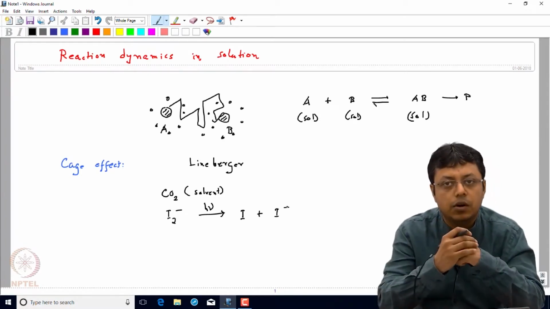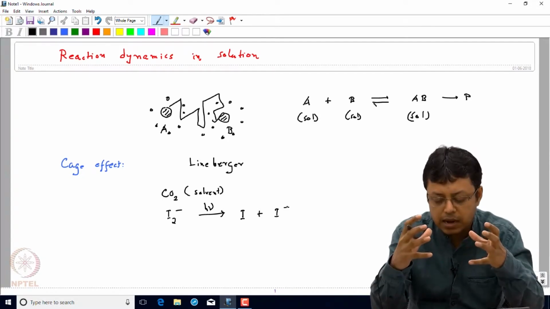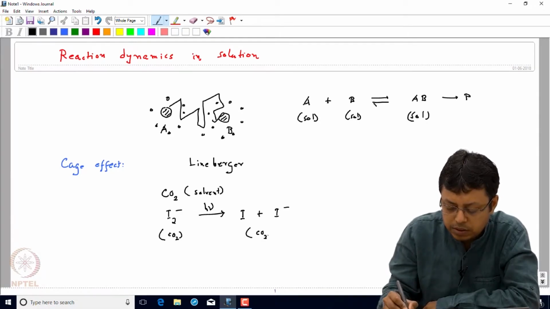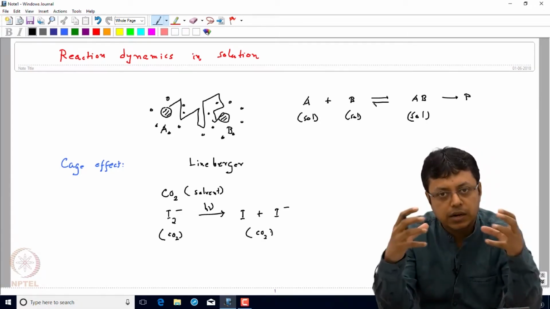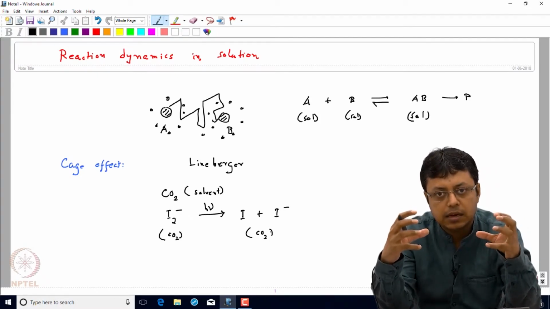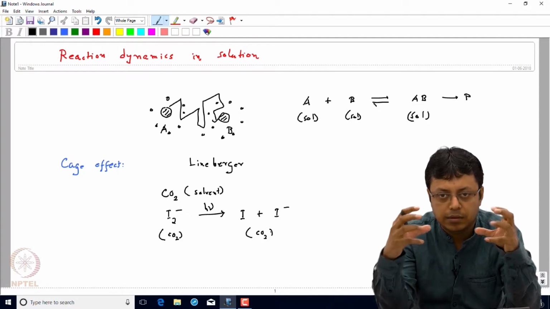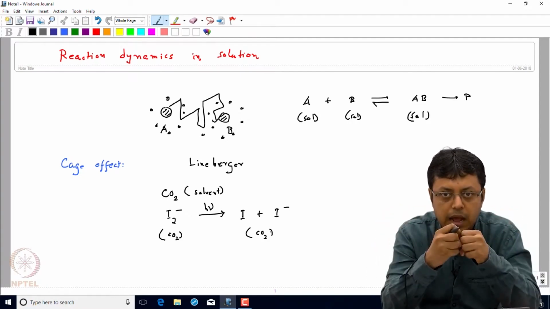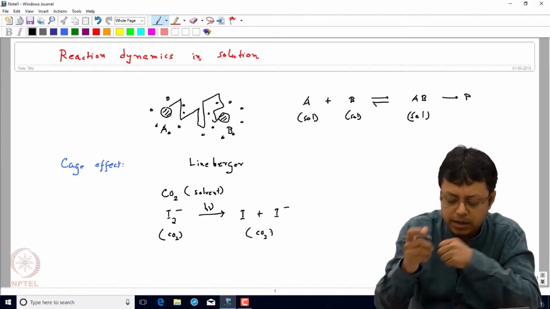Now the interesting thing they observed is that initially I had I2 minus, which is surrounded by CO2, and the products are also surrounded by CO2, and then when you shine light, you generate I and I minus, but since they are still in the solvent cage, they can react back, and they can collide again within the solvent cage, and again form the I2 minus.